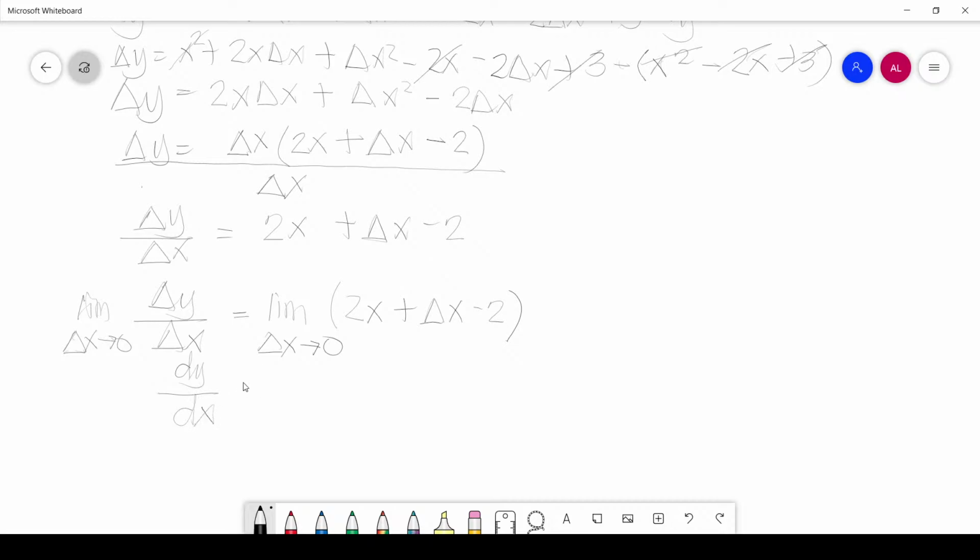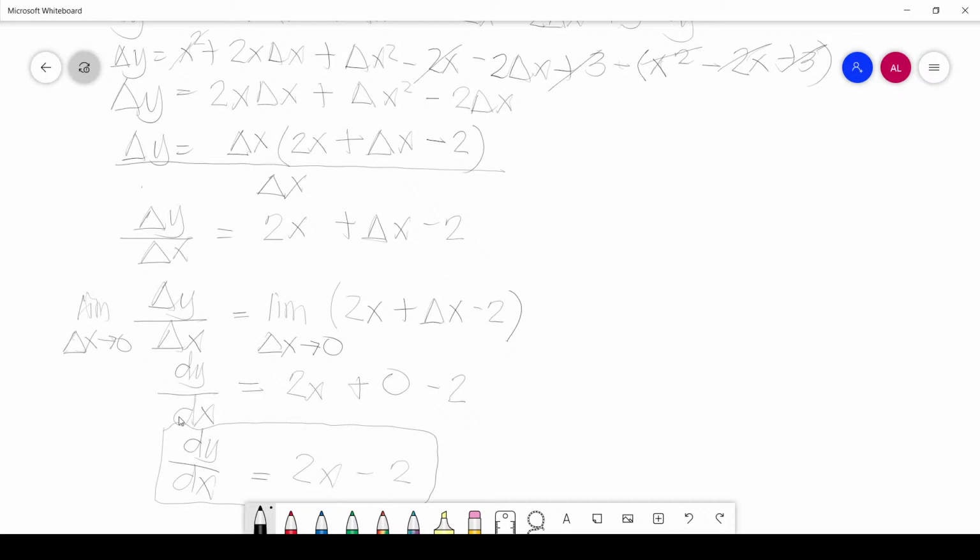Since we will evaluate now, we remove the limit. So this is 2x plus, substituting delta x with 0, minus 2. So our dy over dx is equal to 2x minus 2. This is our final answer for the derivative.